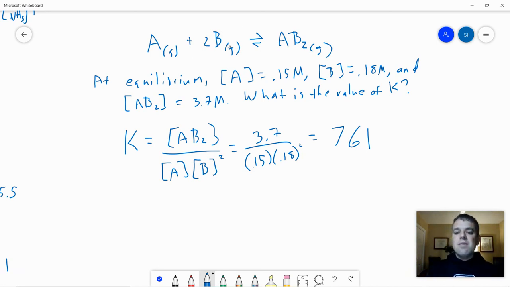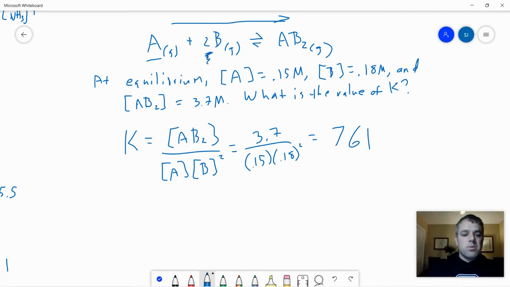So whenever we establish equilibrium, the amount of AB2, this product, is going to be larger than either of the reactants. Since K is quite large, this reaction will go significantly to the product side. But as A gets used up, B gets used up twice as fast.